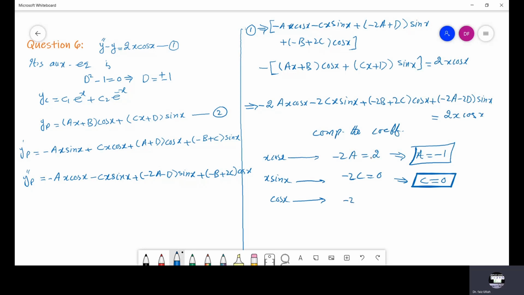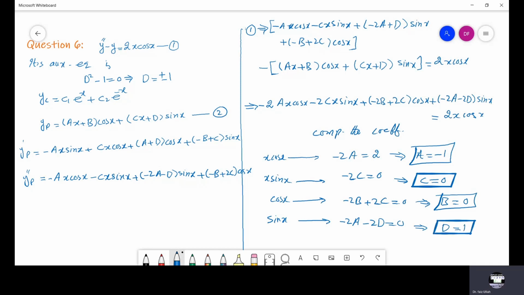So we have minus 2b plus 2c is equal to 0. But c is 0, therefore we get b is equal to 0. And now we compare the coefficient of sin x on both sides. So we get minus 2a minus 2d is equal to 0. And if we put the value of a, this gives us d is equal to 1.